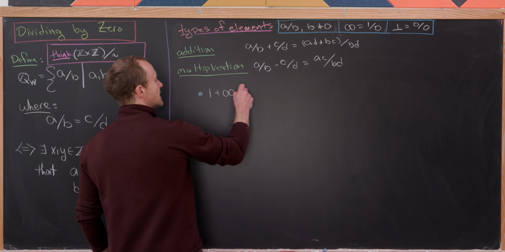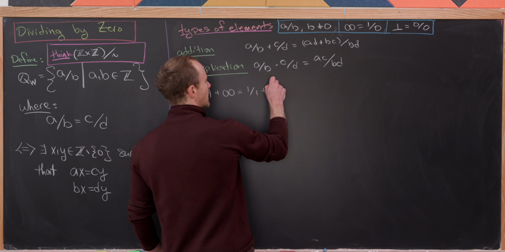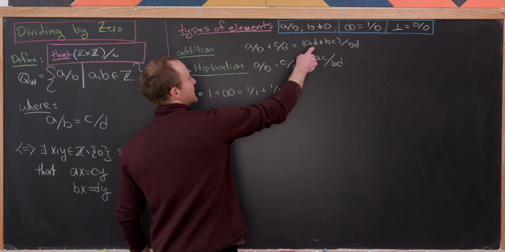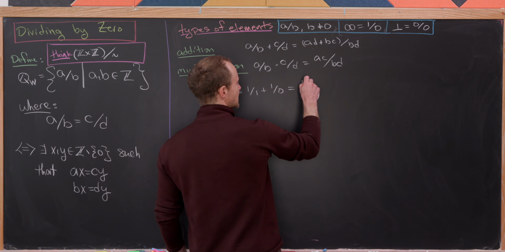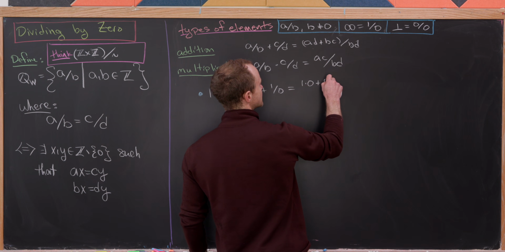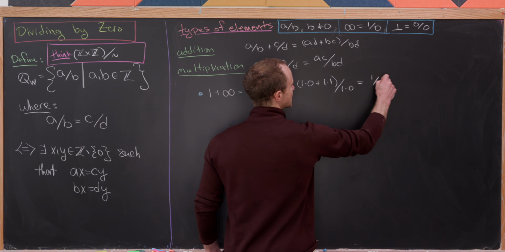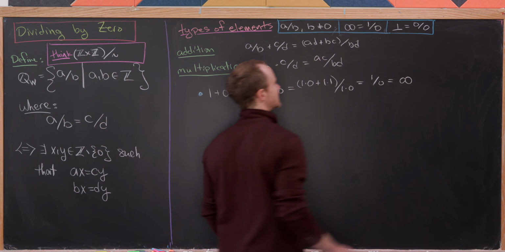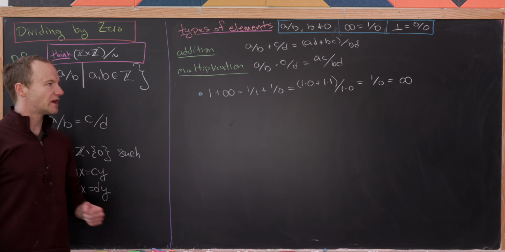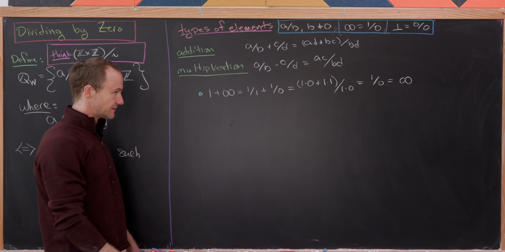Anyway, that's going to be 1 over 1 plus 1 over 0. But then using this rule right here, that's going to be 1 times 0 plus 1 times 1 over 1 times 0, which is clearly 1 over 0, which is infinity. So we've got 1 plus infinity equals infinity.